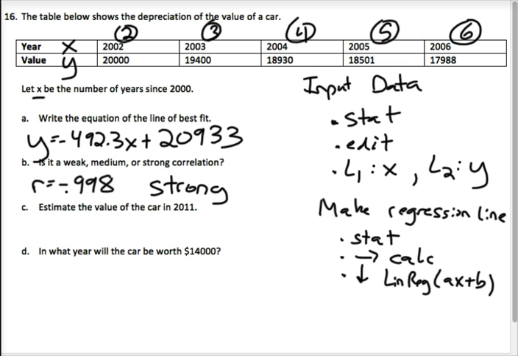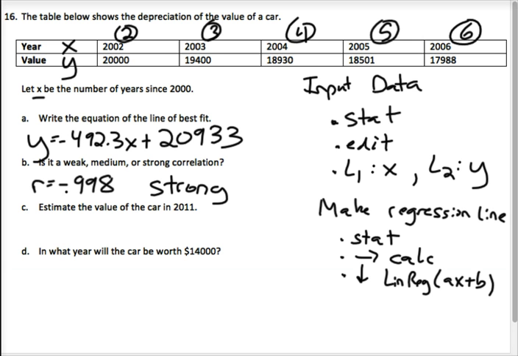All right. So, C, this is where you start actually having to do a little bit of math for these. Estimate the value of the car in 2011. So it is giving us an X value. It's giving us an X value of 11, and it wants to know the value of the car at that X value.